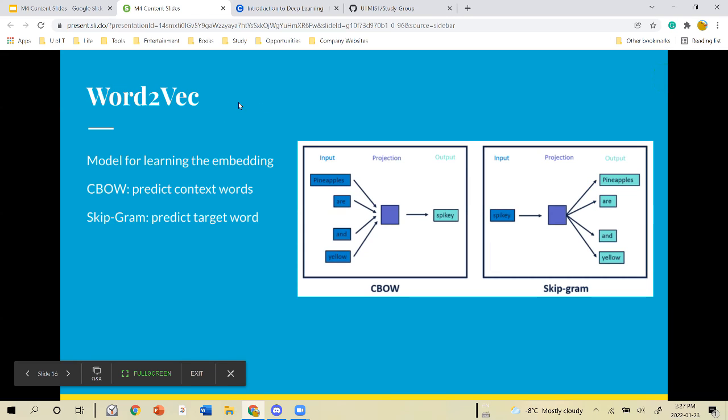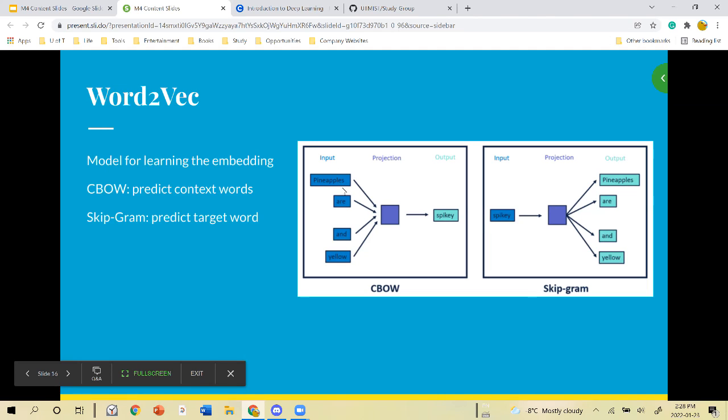This is one example of a word embedding: word2vec. It's a model that can be used to learn the embedding. And there are also two types of it that I put here. CBOW is, let's take a look at this example here.